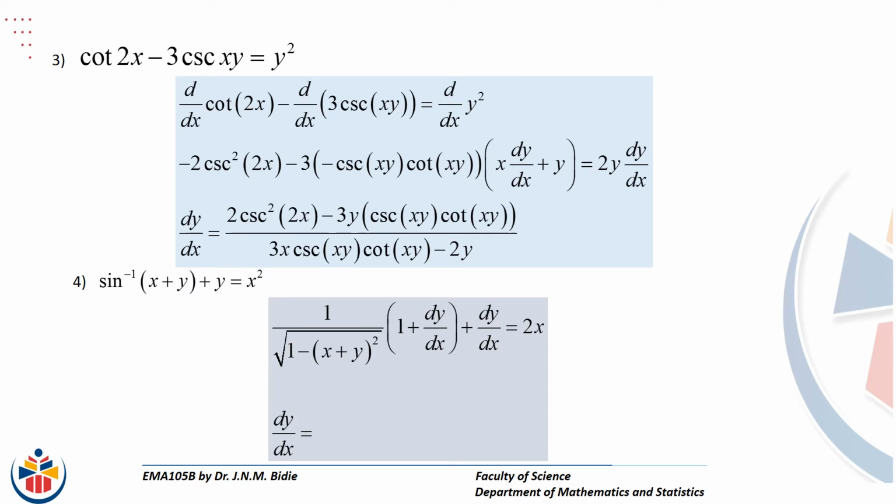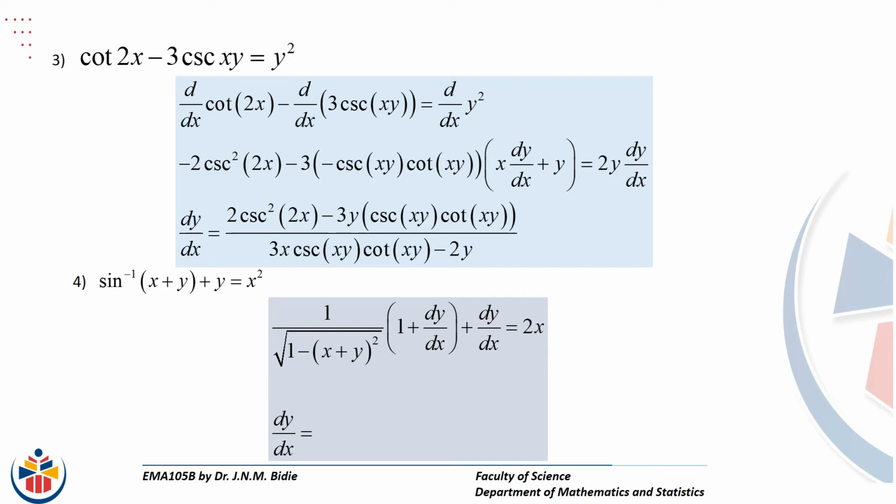Examples 3 and 4 as follows. Number 3, cot 2x minus 3 cosec xy equal to y squared. Finding the derivative of each term yields negative 2 cosec squared 2x.